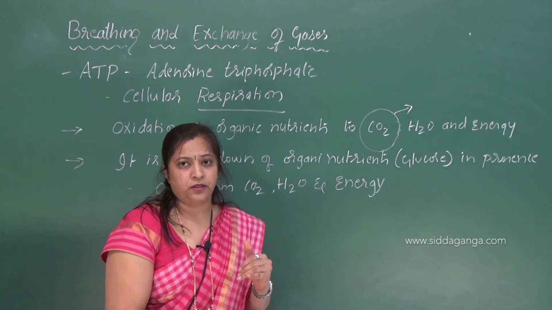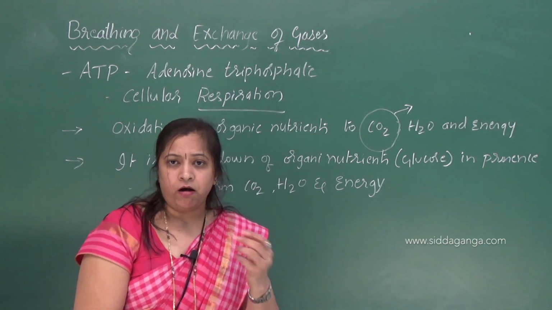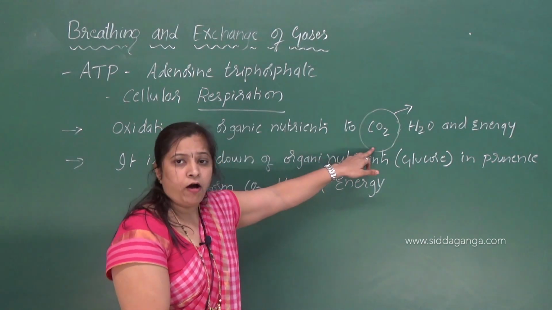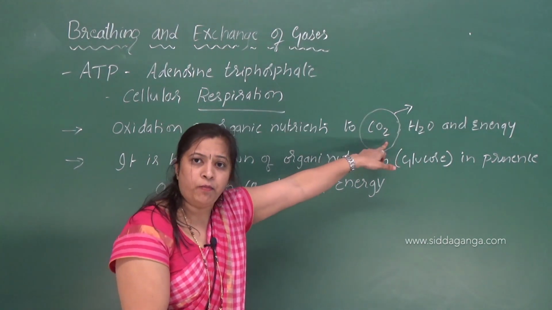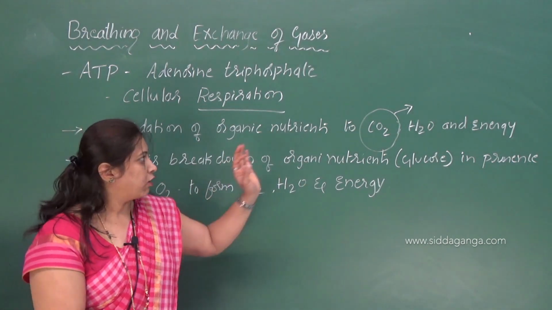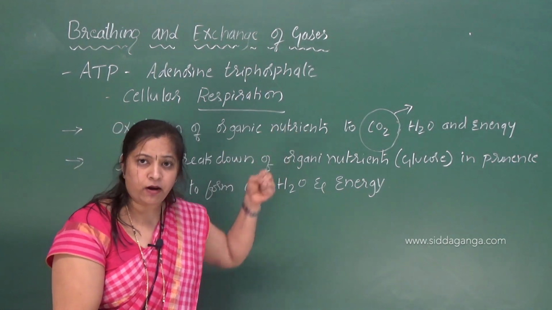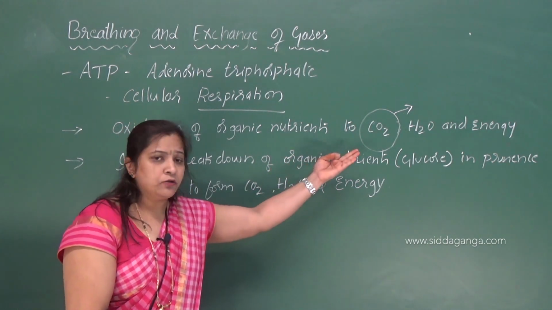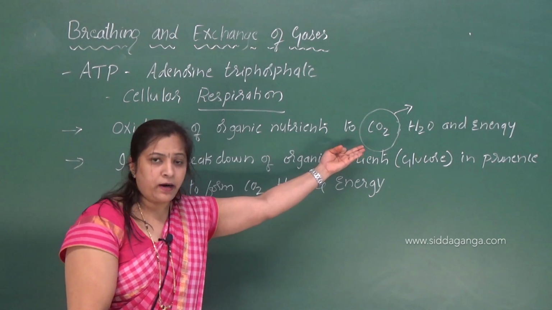So that process of exchange of oxygen from the atmosphere with the carbon dioxide produced by the body cells is called as what? Breathing. Okay, oxidation of organic nutrients requires oxygen, so body cells will use oxygen, and what do they produce? They produce carbon dioxide, no?